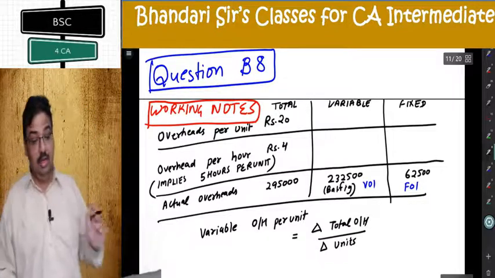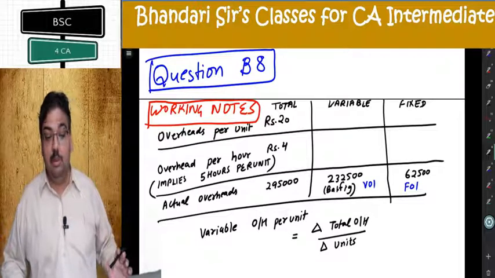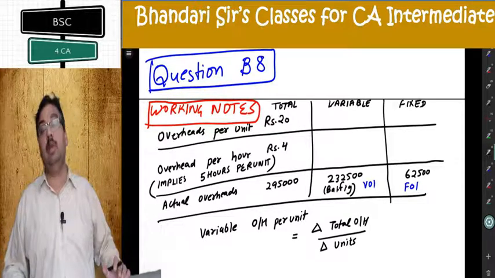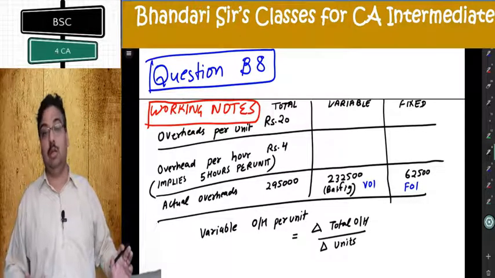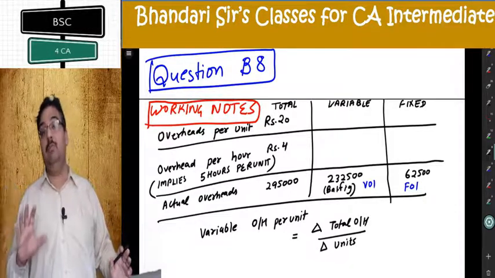You are given at 3 levels, 8,000, 10,000, 14,000. I'll be using 10,000 and 14,000 because they are nearest to the budgeted and actual production. 8,000 is too far, although the answer might be the same with any levels.